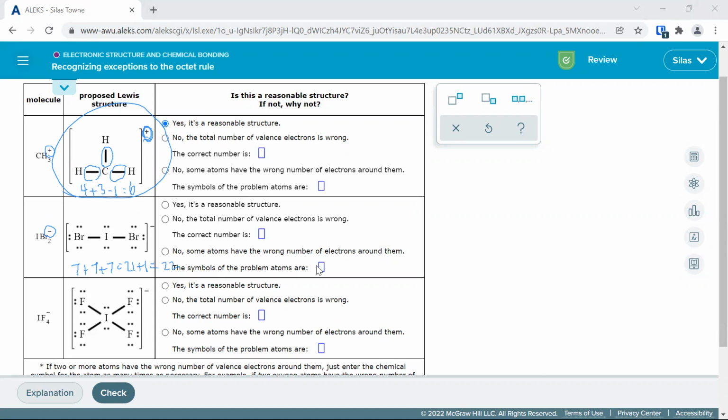So let's count them. We got 2, 4, 6, 8, 10, 12, 14, 16, 18, 20. So we're only showing 20 valence electrons. Everything has its octet. So here's 8, here's 8, here's 8, but we did not use enough valence electrons.